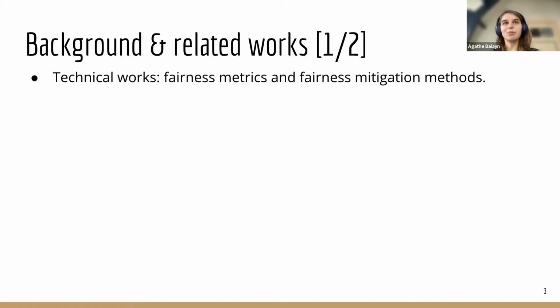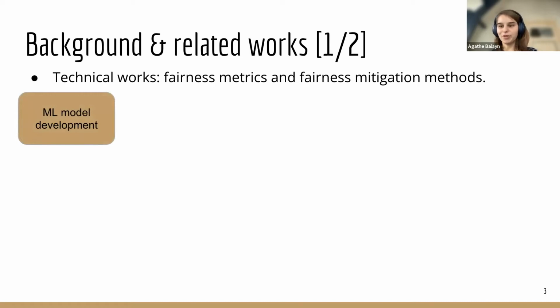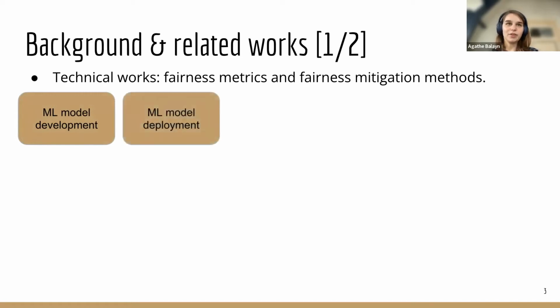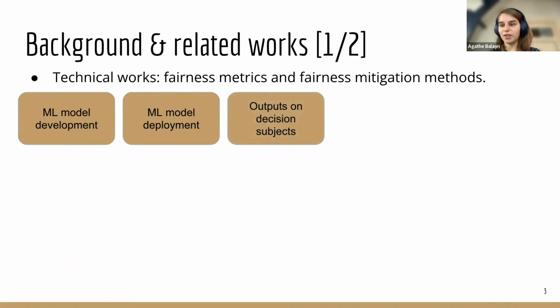So I think to model the problem, we can say that someone is first trying to develop a machine learning model. Then this model would be deployed into a real context. When the model is deployed, the goal is to get outputs, which would be referring to different decision subjects and labels associated to these decision subjects.